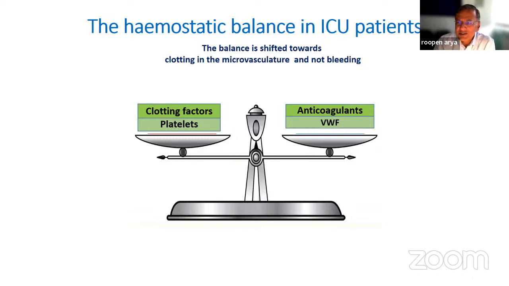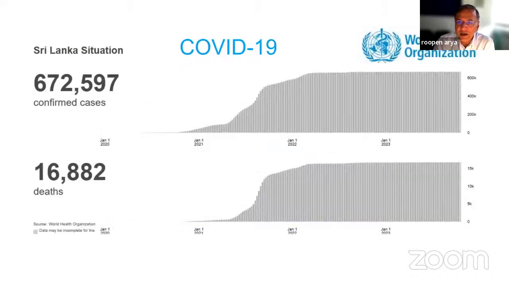So I think that is by way of introduction before I go on now to focus on COVID-19, which nearly 3 years on, has had 700 million coronavirus cases globally and over 7 million deaths. In the Sri Lankan situation, we are talking about nearly 700,000 confirmed cases and a very substantial number of deaths.